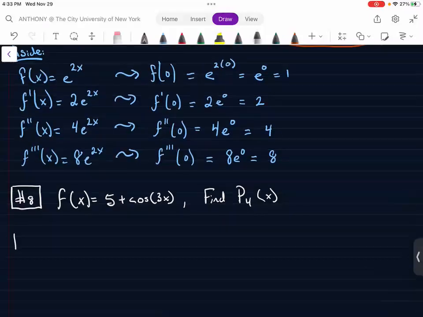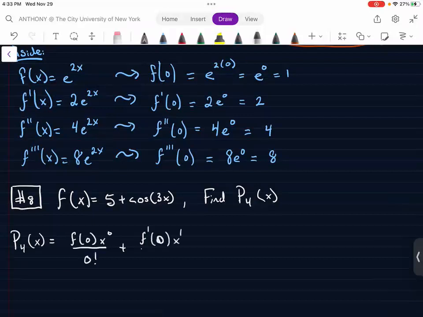So let's expand this first. Our fourth degree Maclaurin polynomial, again, is going to be f of 0 times x to the 0 power over 0 factorial, plus f prime evaluated at 0 times x to the first over 1 factorial, plus f double prime evaluated at 0 times x squared over 2 factorial.